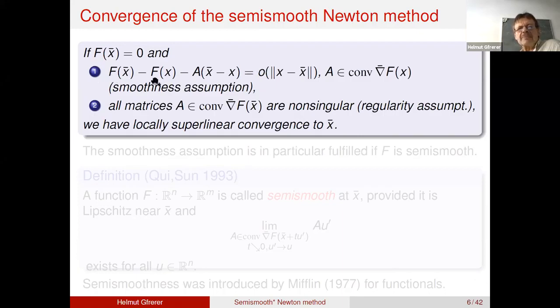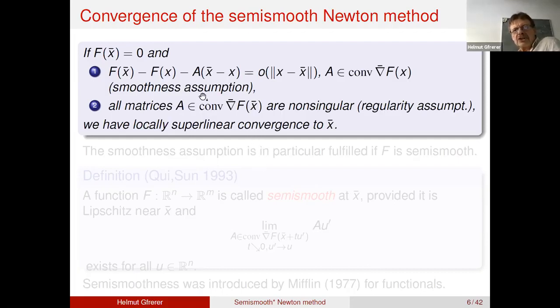So F(x bar) minus F(x) minus A(x bar minus x) behaves like little o of the norm of x minus x bar. That means that our linearization is accurate enough to ensure convergence. And the second one is a regularity assumption, for instance, that all matrices A belonging to this generalized Jacobian are non-singular.